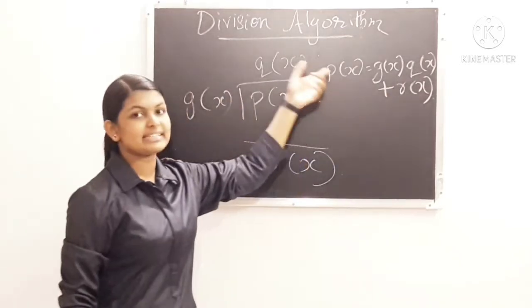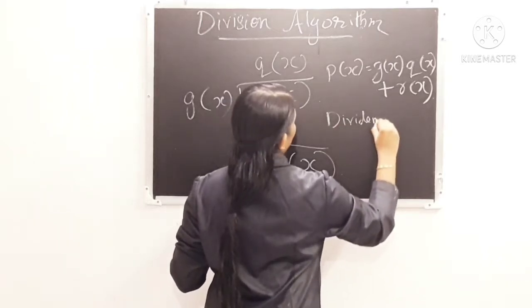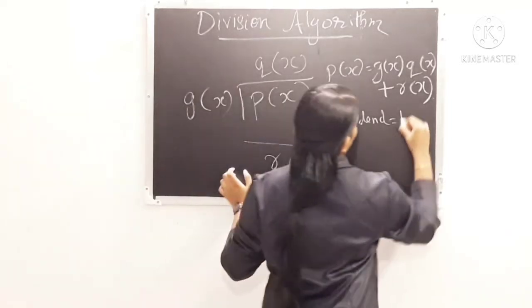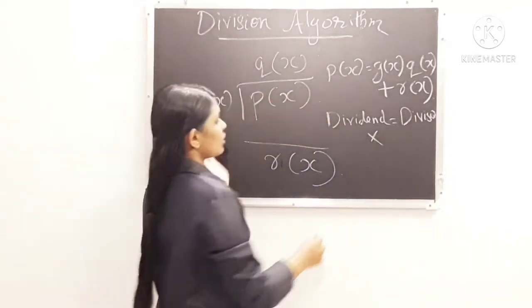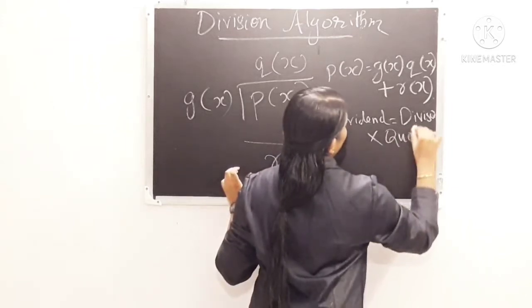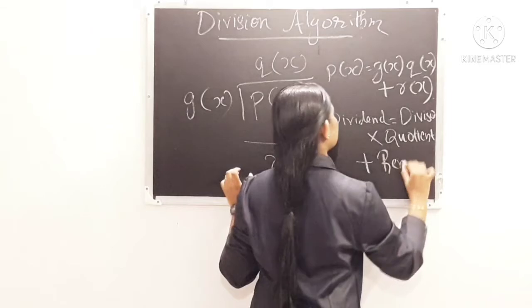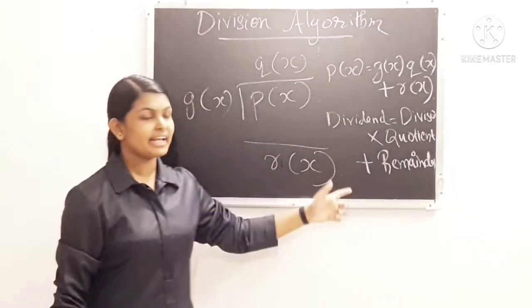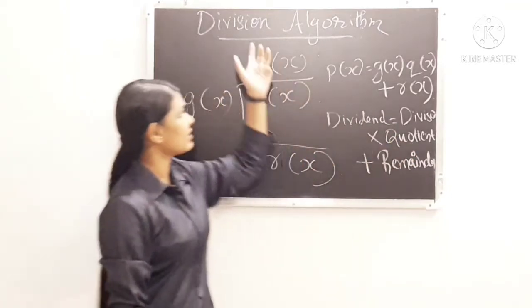Here p of x is the dividend and g of x is the divisor into q of x is the quotient plus the remainder. So dividend is equal to divisor into quotient plus remainder is the division algorithm.